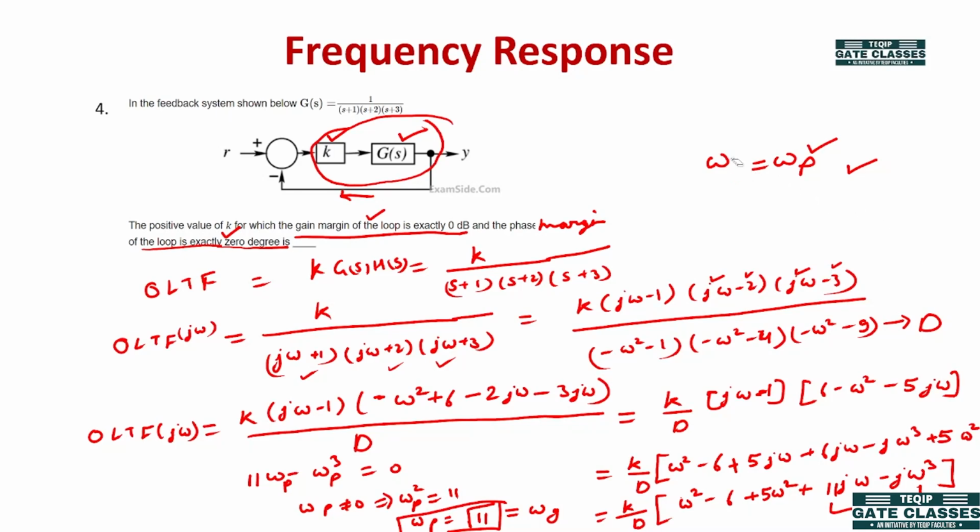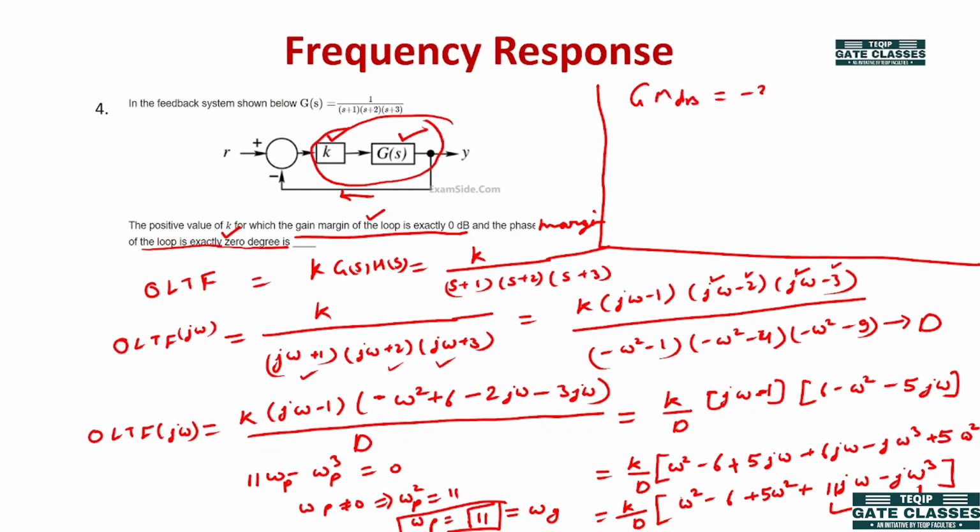Okay. So here again the gain margin in dB is equal to minus 20 log magnitude of open loop transfer function.